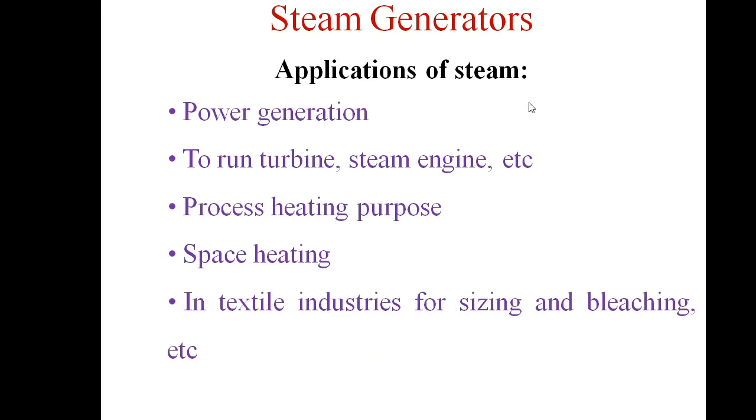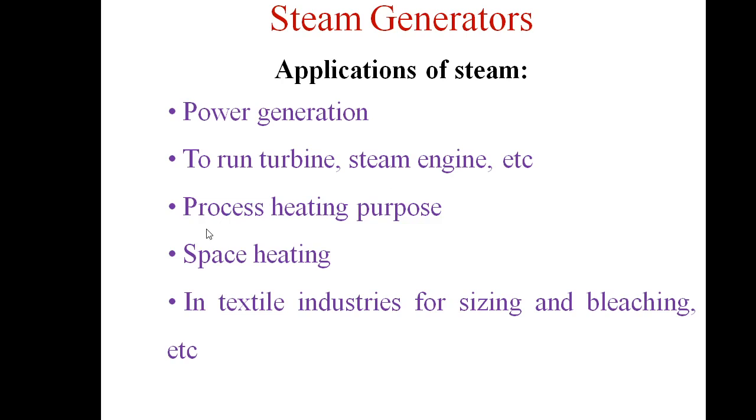Then application of steam. So steam is used for power generation in thermal power plants, already we know. Then steam is used to run turbines or steam engines, etc. In previous days the railway engines were running on steam, so there was a boiler fixed into the steam engine and that steam was used to run the engine.